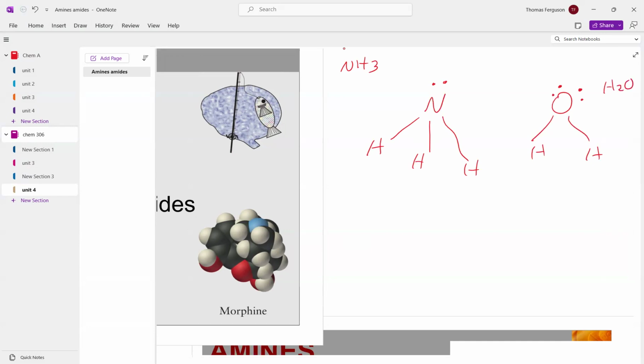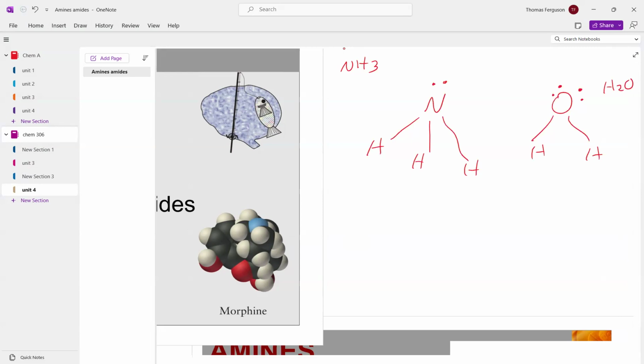And water. So oxygen has two pairs of unbonded electrons. Nitrogen has one. Fluorine has three. Now, because they have so many unbonded electrons, they tend to be much closer to the nucleus.